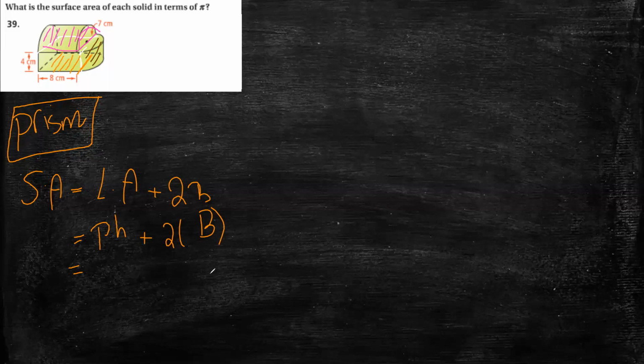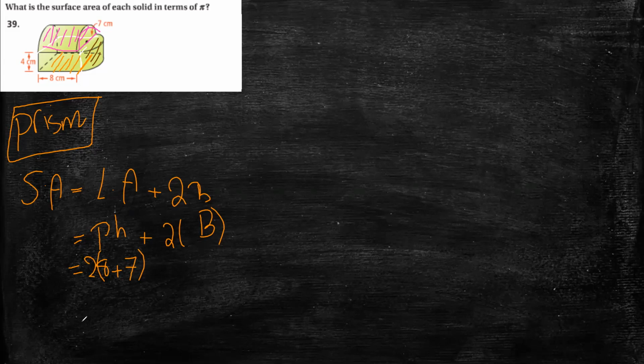It was 8 plus 7, sorry, plus 7, thank you. So it is 8 plus 7 times 2, or you can say 8 plus 8 plus 7 plus 7.